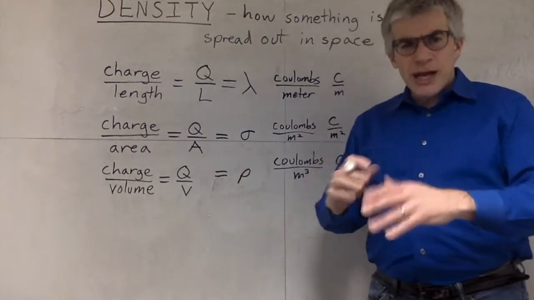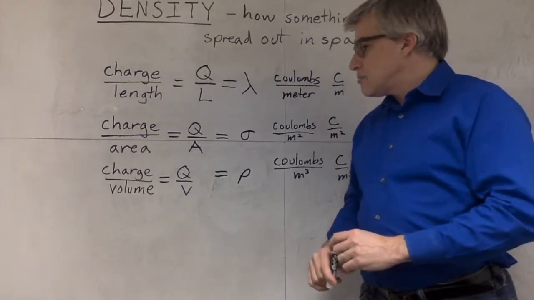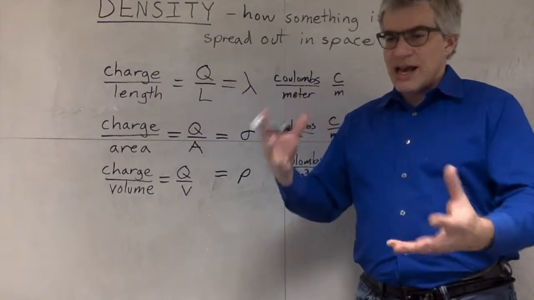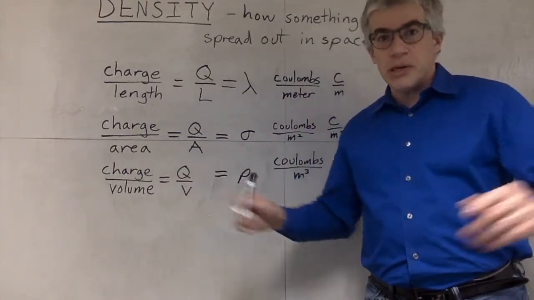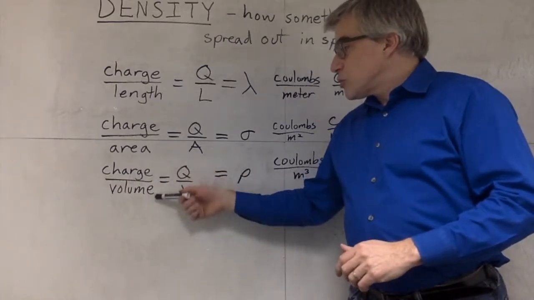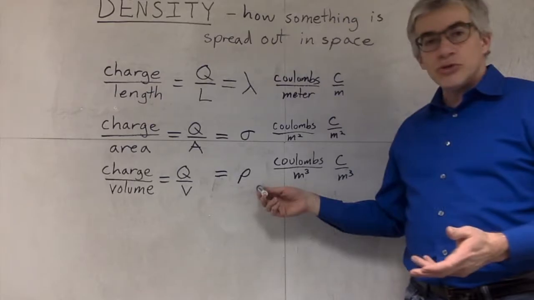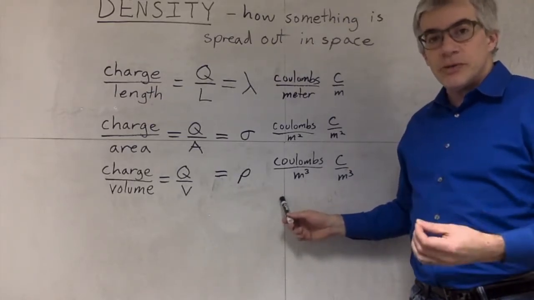And if you ever had to talk about a volume charge density, it's hard to arrange because they all repel each other, so you'd have to have these charged cubes or something and stack them up and keep them from pulling apart. Charge over volume, Q over V, is equal to rho. So that's coulombs per cubic meter.